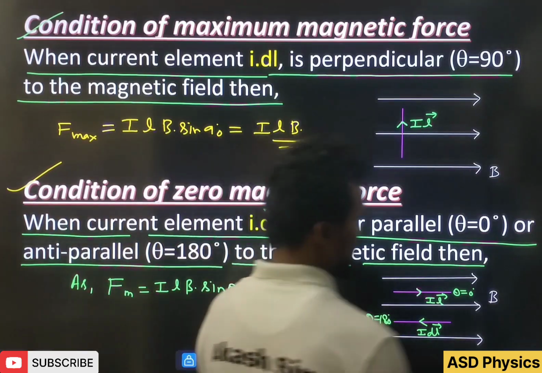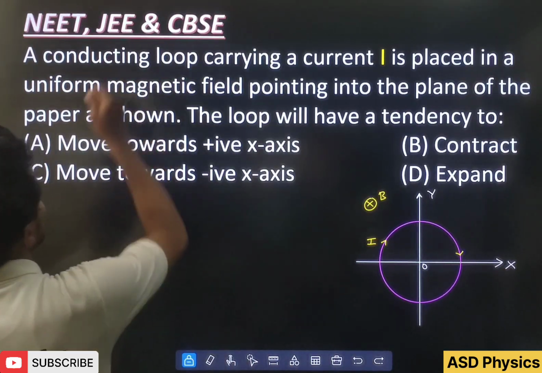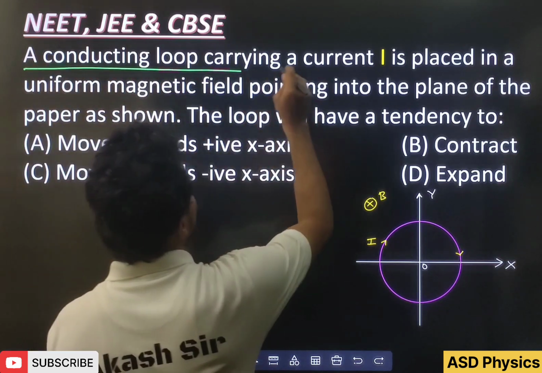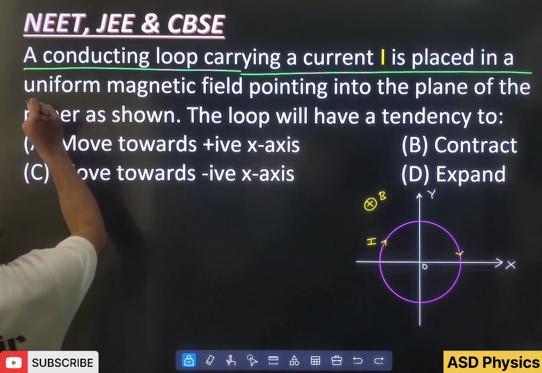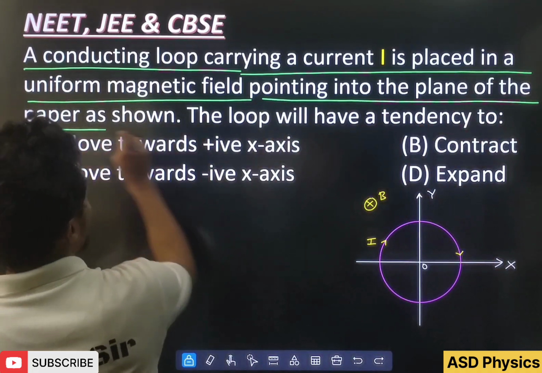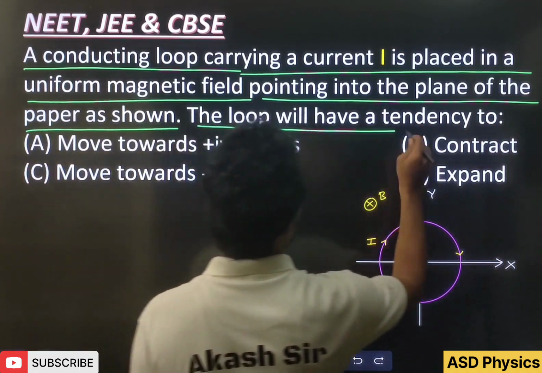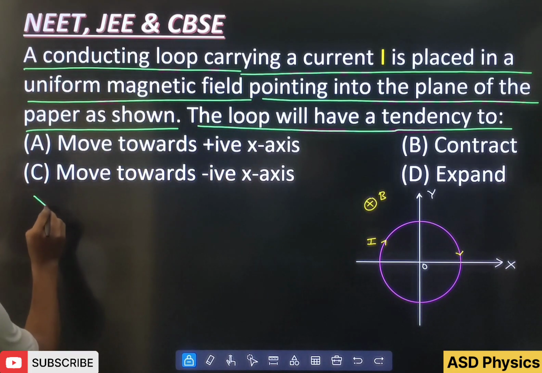Is it great? Now we are going to solve some questions. First question: a conducting loop carrying a current I is placed in a uniform magnetic field pointing into the plane of the paper as shown. The loop will have a tendency to... Again I have told you which kind of loop it is.